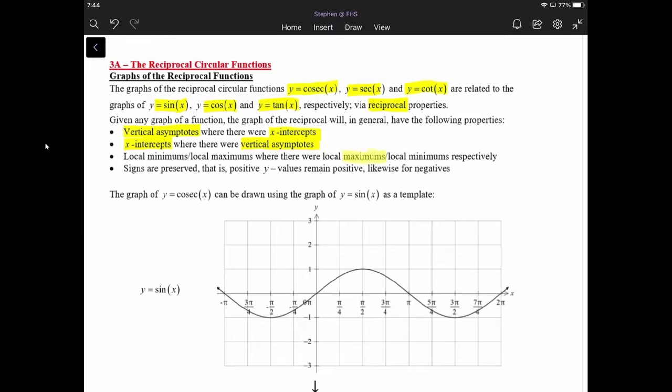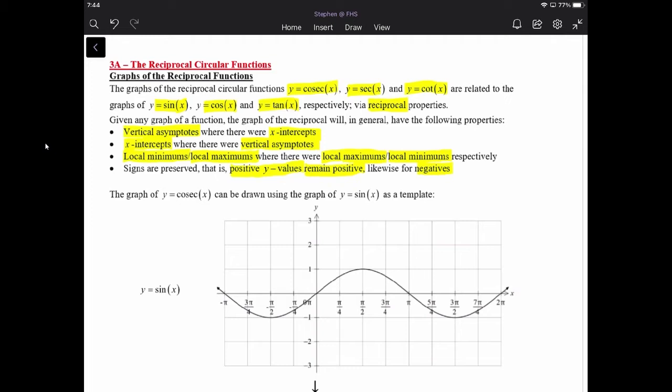A local maximum on an original graph will swap over to a local minimum on the reciprocal graph, and a local minimum on the original graph swaps over to a local maximum on the reciprocal graph. And finally, you need to be aware that signs are preserved. What that means is if you have positive y values on the original graph, on the reciprocal graph they remain positive, and the same thing happens for negatives as well.